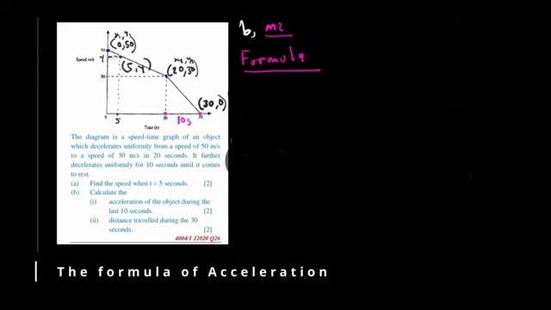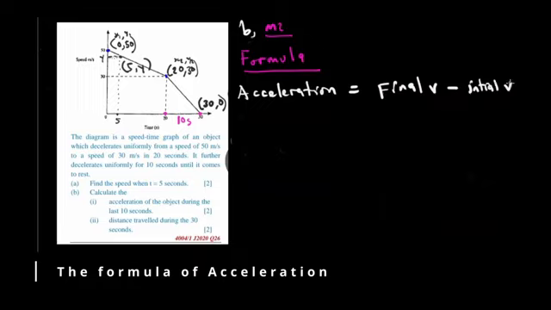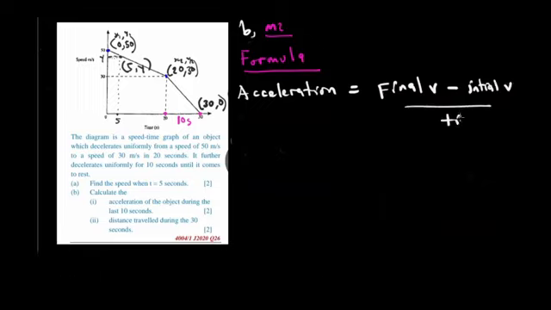We now need to introduce our method number 2. In this method, we are going to be using the formula. What is the formula of acceleration? Acceleration is equal to final velocity minus initial velocity over time.